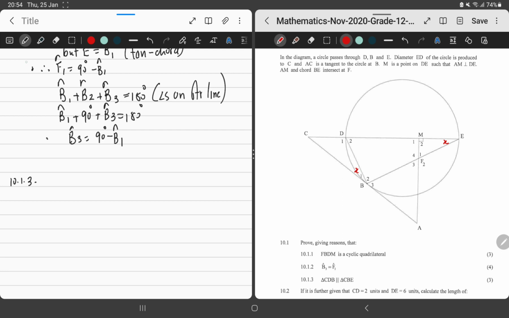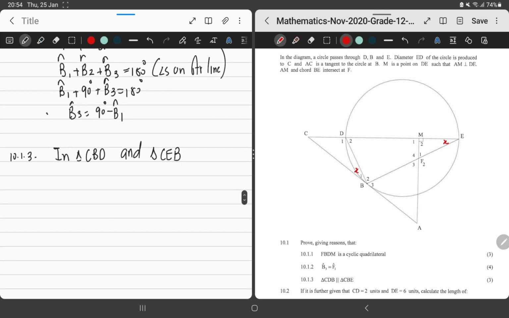10.1.3. Prove that triangle CBD and triangle CEB are similar. So let's draw our triangles CDB and the other triangle CBE.